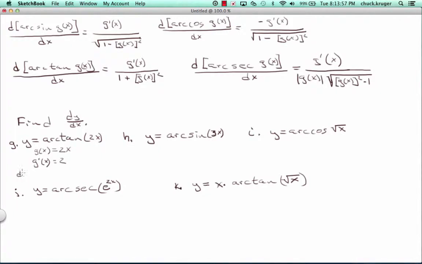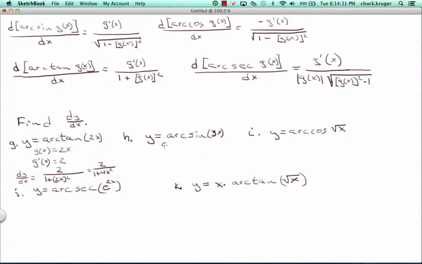So dy dx, the derivative, is going to be 2 over 1 plus 2x, that squared, which can be written as 2 over 1 plus 4x squared. And I'm done with that problem. You can see it's a lot quicker than using the triangles, though the triangles will get you exactly there also.